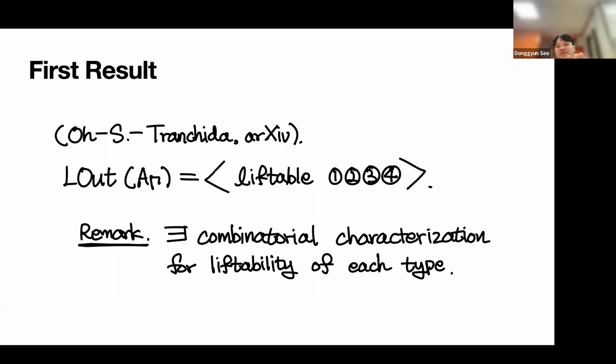But for the 2, 3, 4, I mean the matrices, the automorphism group of free groups, the extension of the automorphism group of free groups, and the partial conjugations, we can find some combinatorial characterization for the liftability of each type.